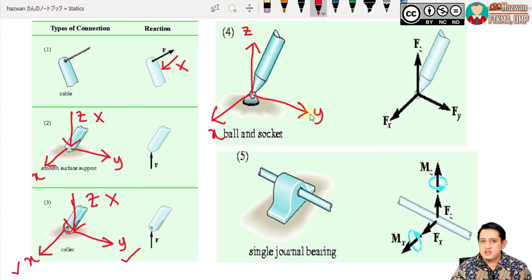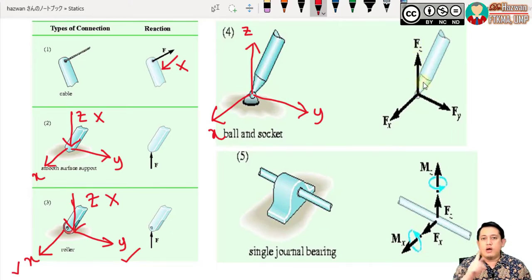Cannot, that's why we have Fy. What about Fz? Can we move it in the Z direction, pull it or push down? Cannot, which is why we have Fz.